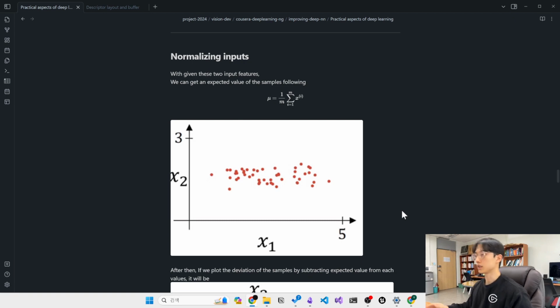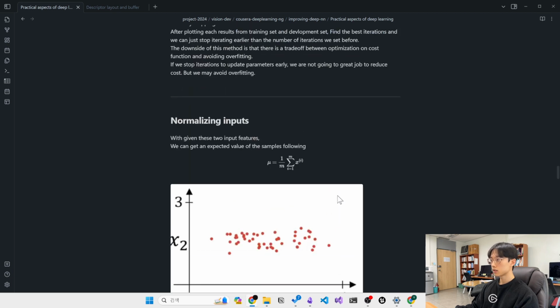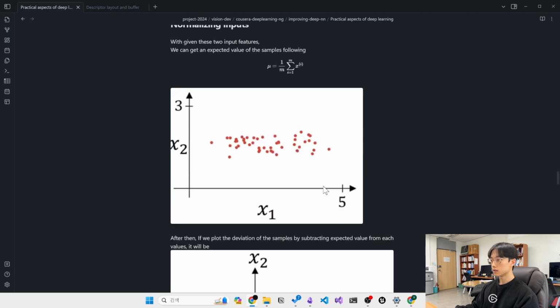So the first thing that I learned today is how we can normalize our inputs in the neural network. For example, we have two input features plotted in this graph, and depending on the input features x1 and x2, we can get an expected value of these samples following this equation.